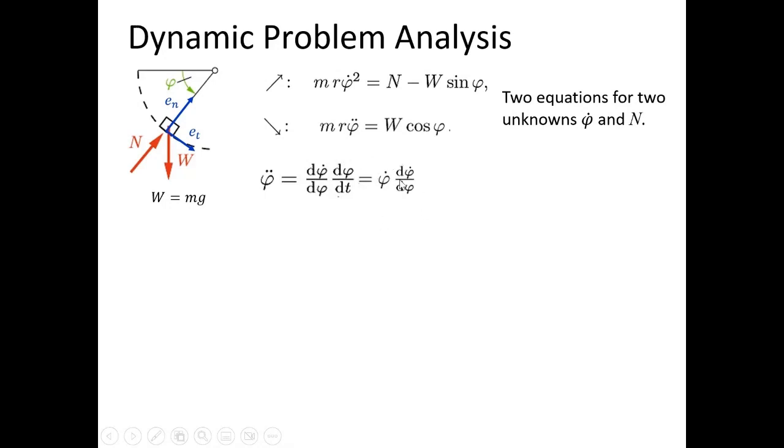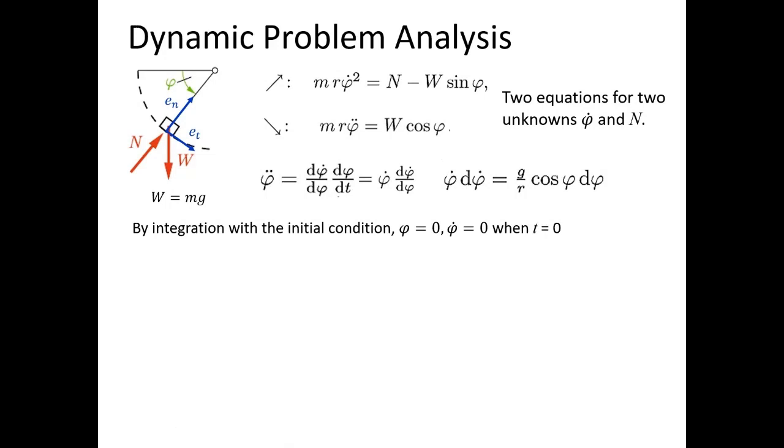So with that, of course, if you cross multiply and replace W with mg, you will get to this simplification. And then you can apply the initial condition where you start from phi equal to 0 and 0 velocity when t equals 0.